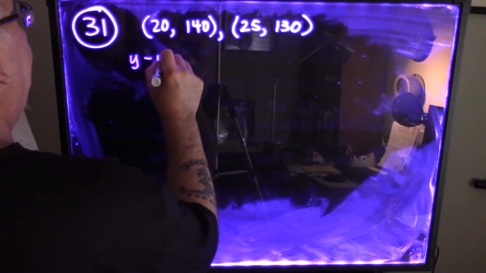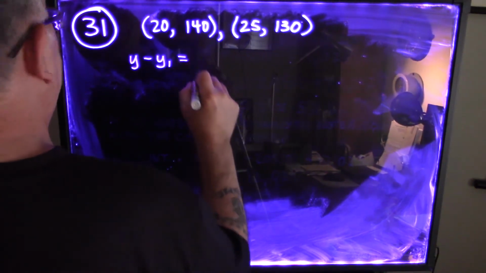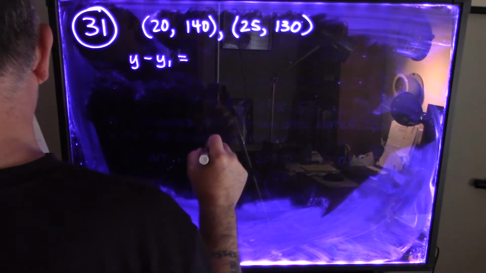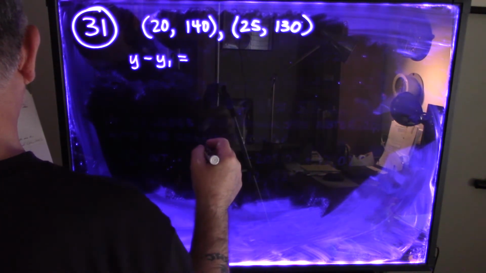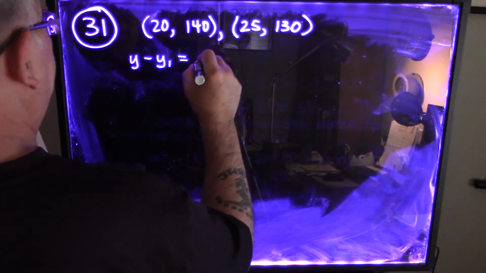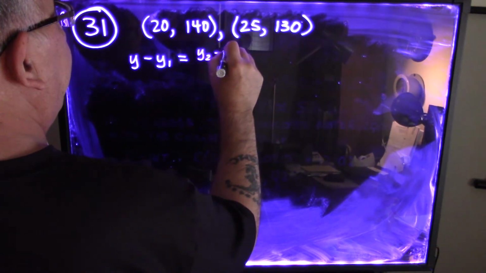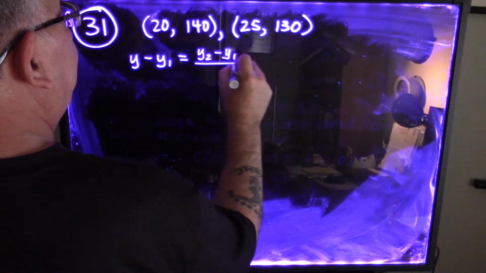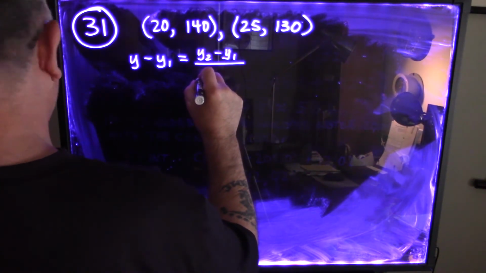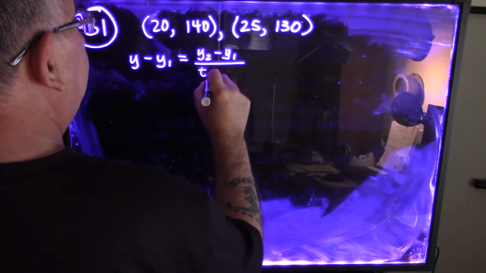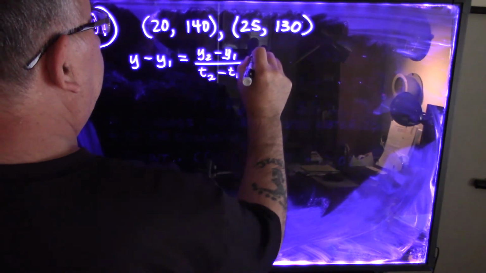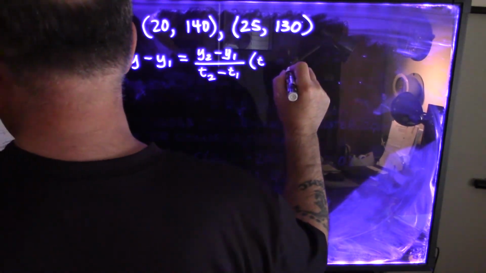So y minus y1 equals m times the quantity t minus t1. What's m? It's y2 minus y1 over t2 minus t1, times the quantity t minus t1.